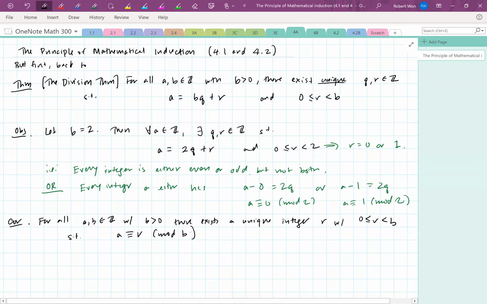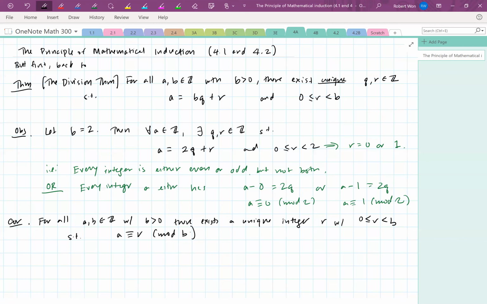This says that when you consider integers modulo b, let's say b is 9, if I go mod 9, then every single integer is either congruent to 0, 1, 2, 3, 4, 5, 6, 7, or 8. So those 9 numbers, 0 through 8, represent all of the possible integers if you only care modulo 9.